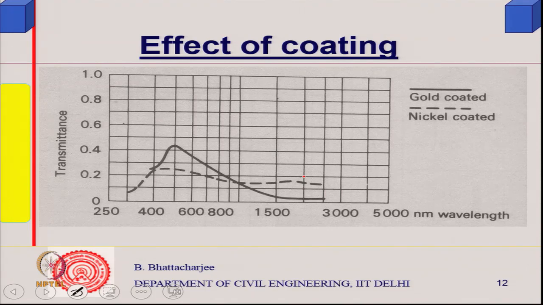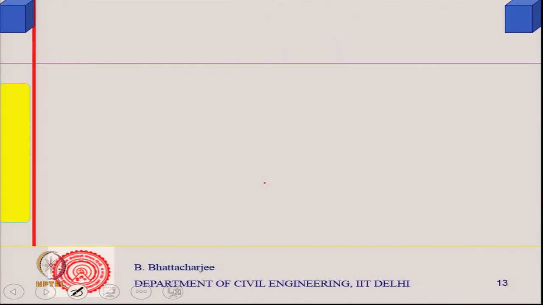If you have gold coated glass, then the overall transmittance reduces, but of course infrared radiation would have a significant reduction. Beyond this, this is the infrared region. Nickel coated is somewhere here. So, by coating you can reduce the heat absorption, right. Visible light, some reduction would be there.